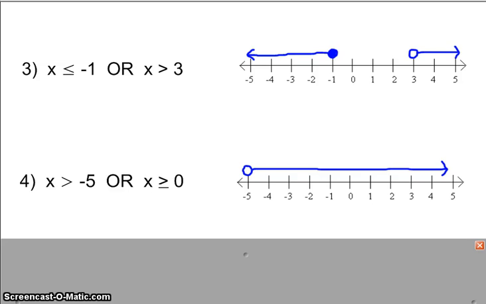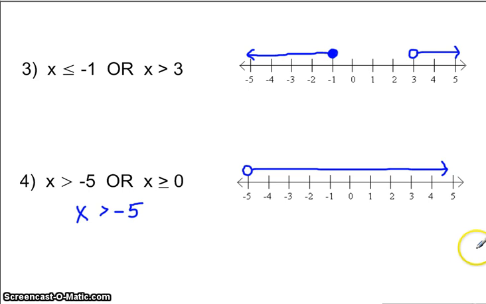So really, if we wanted to simplify this, we don't even need this part of it. It would just be x is greater than -5. That doesn't even come into play. Alright? So if the arrows are pointing the same way with an OR, one's going to dominate the other, so you just take the one that dominates.